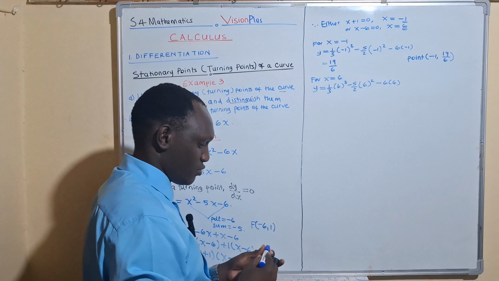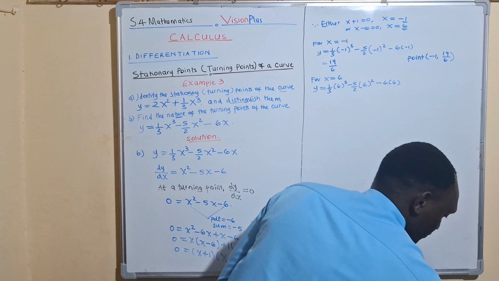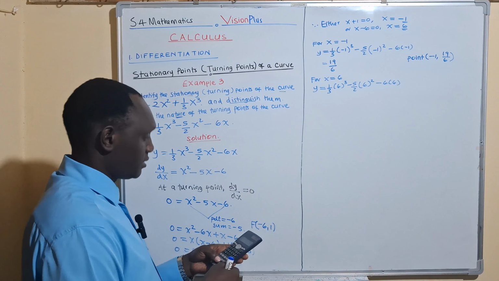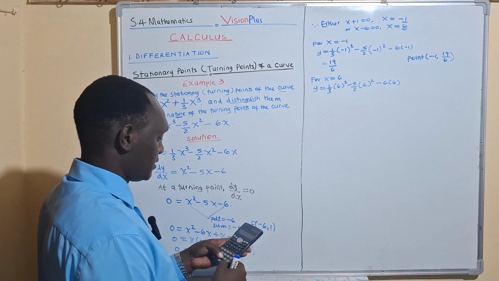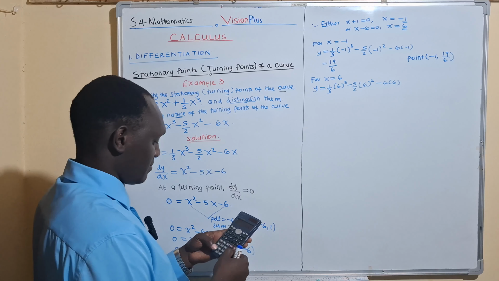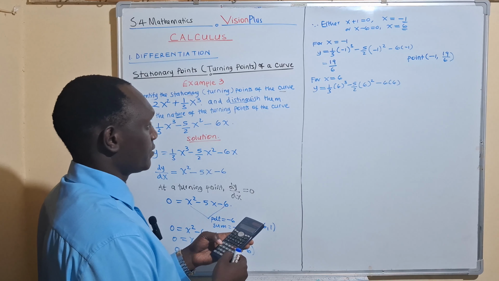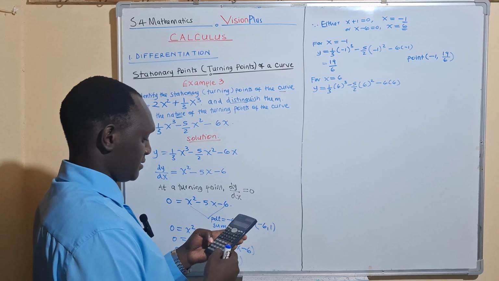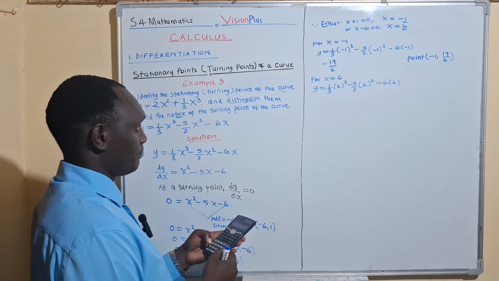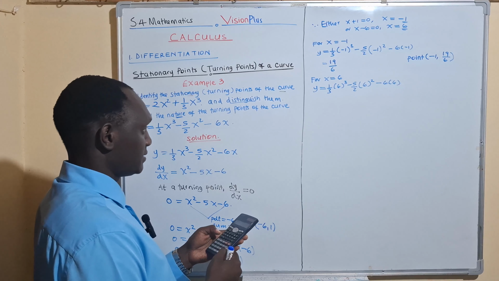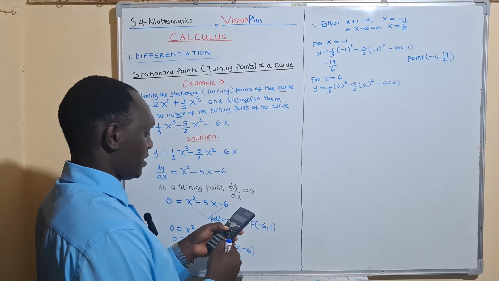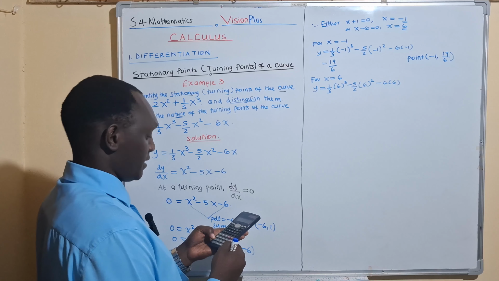Then you operate that. 6 cubed divided by 3, minus 36, minus 5 times 6 squared divided by 2.